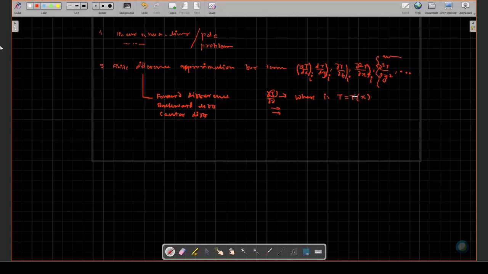It may be a solution, where T is the solution. If this function is known, then you should be in a position to calculate terms like dT by dx.